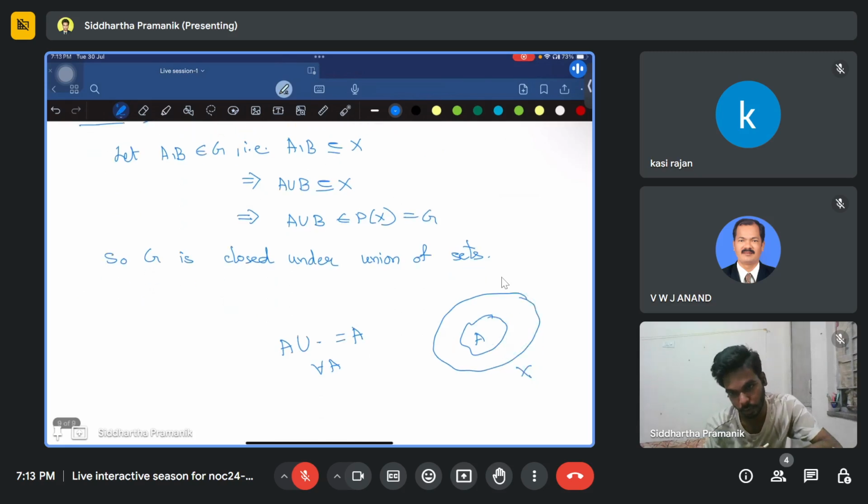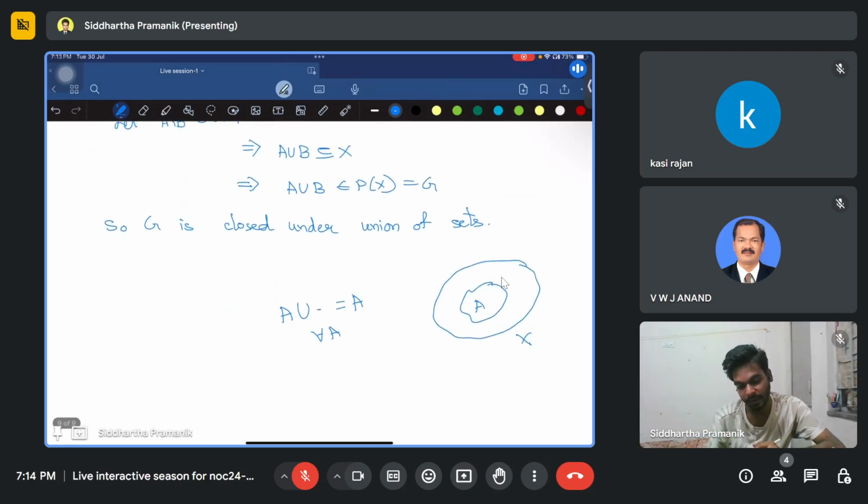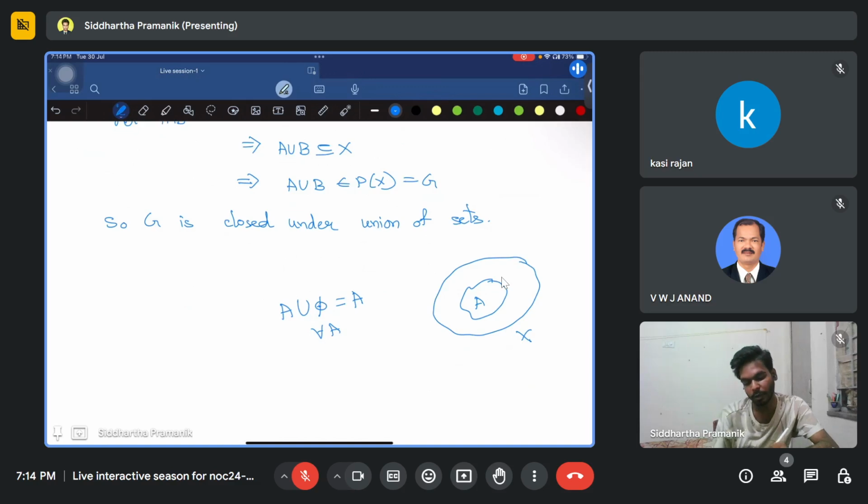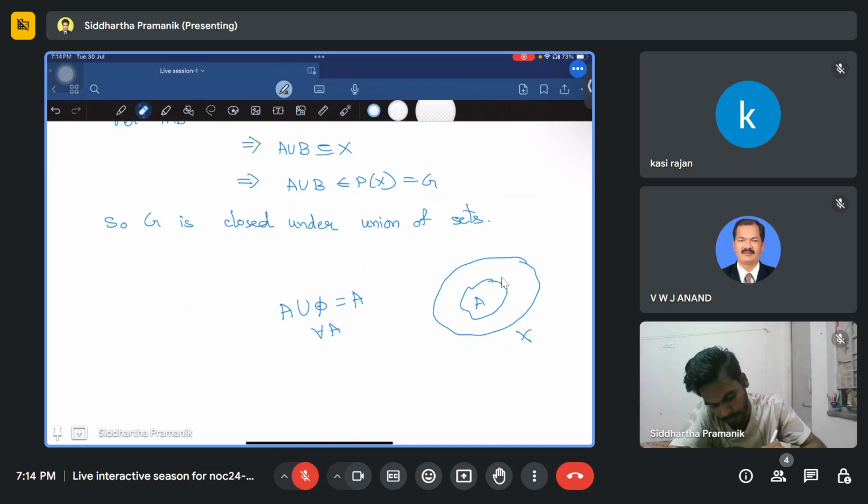Hope you have understood this. The obvious candidate is the empty set, right? If we take phi here, then A union phi is A for every A, and phi is also a subset of X. So phi is the desired candidate for the identity element.